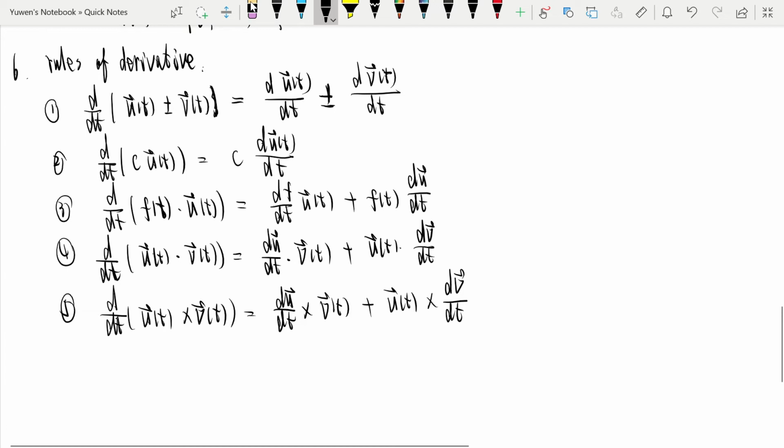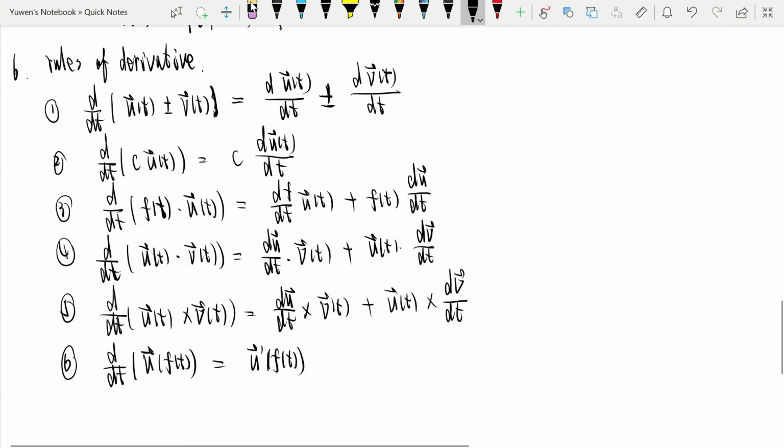And there's the chain rule. If u is a function of f(t), we'd better use another symbol, that is u prime of f(t).